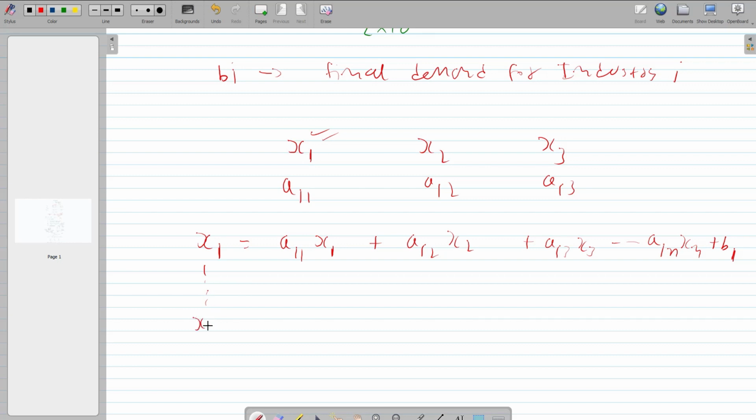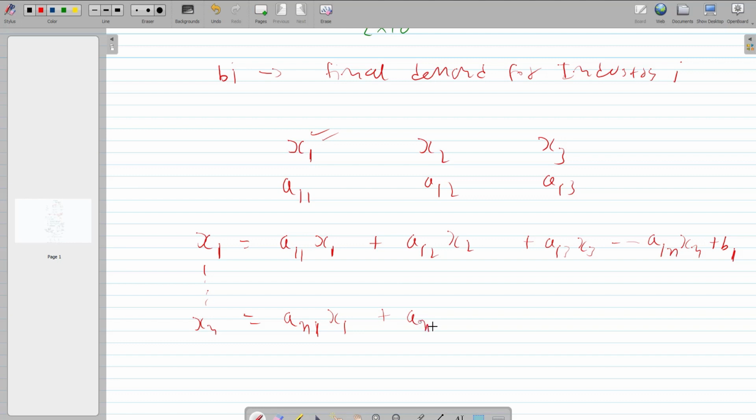And if we have n goods in this economy, we can write An1, that is good n needed in industry 1. So An1, good n needed to produce 1 unit of good 1, into total production of good 1.